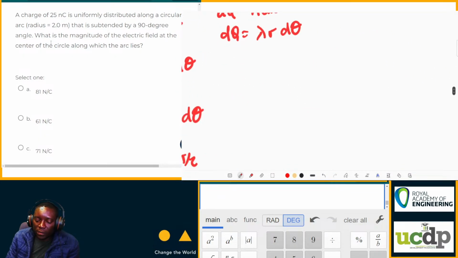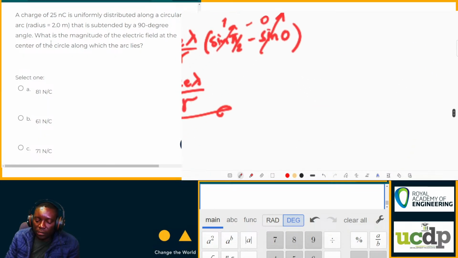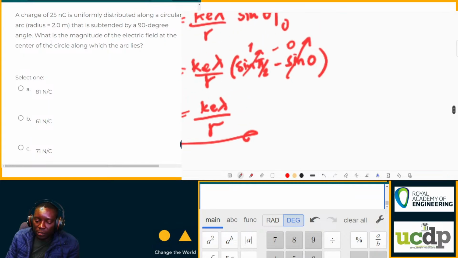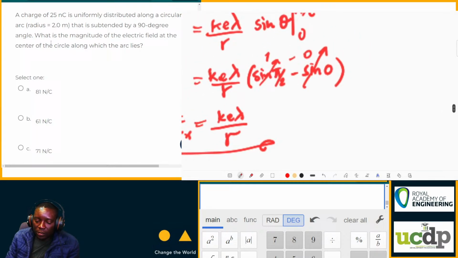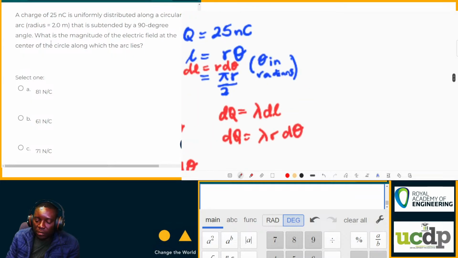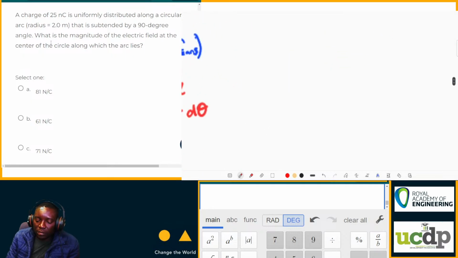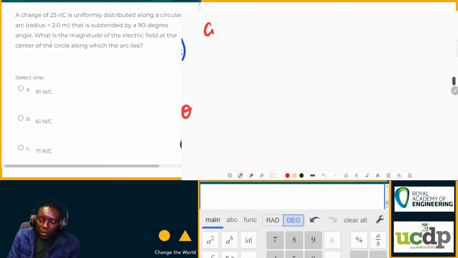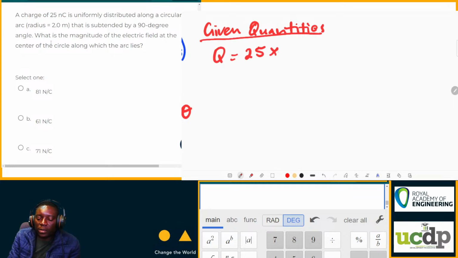So given quantities, we have Q, 25 times 10 to the negative 9 coulombs. That's number one. The arc has radius 2 meters. And the arc is a 90-degree arc.